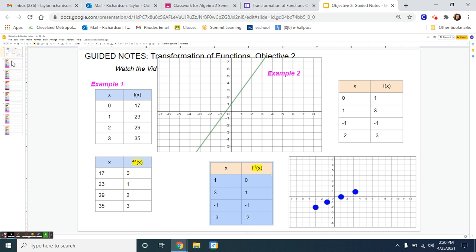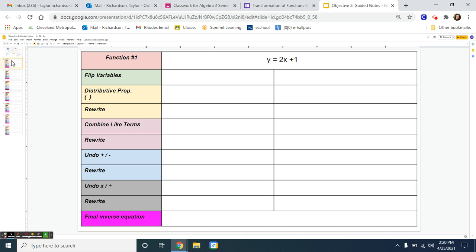Okay. The third type of inverse I'm going to ask of you is the equation. Now, the equations are definitely the hardest, but it's really still sticking to that same rule, flip your x and y. So here's my equation, y equals 2x plus 1. We're going to act like this line in our table is going straight down from your equal sign.